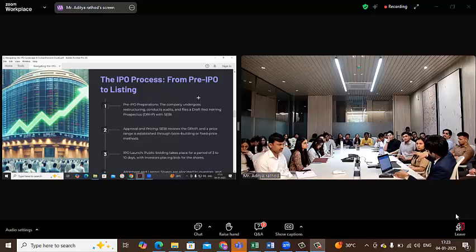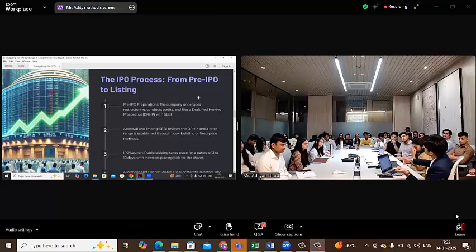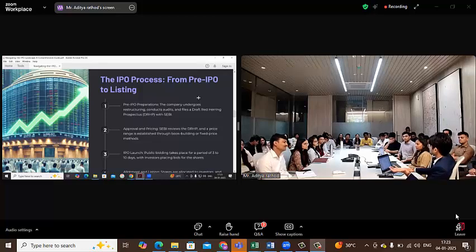So in order to prevent the promoters from selling shares after the lock-in period, Nykaa issued bonus shares. Even after that, the shares got hit by a 10% downside, but the impact was a little bit controlled. So this was about lock-in.